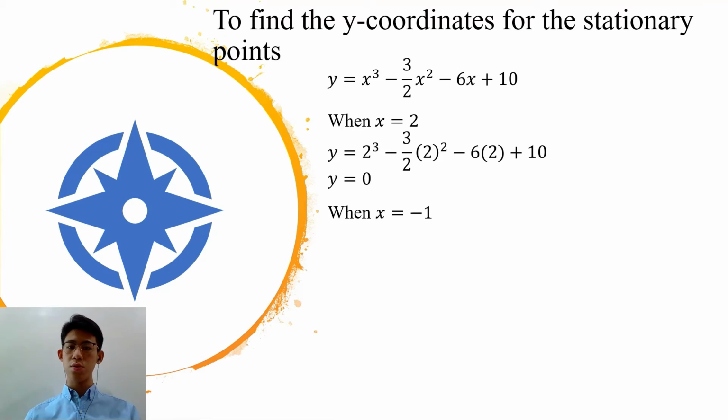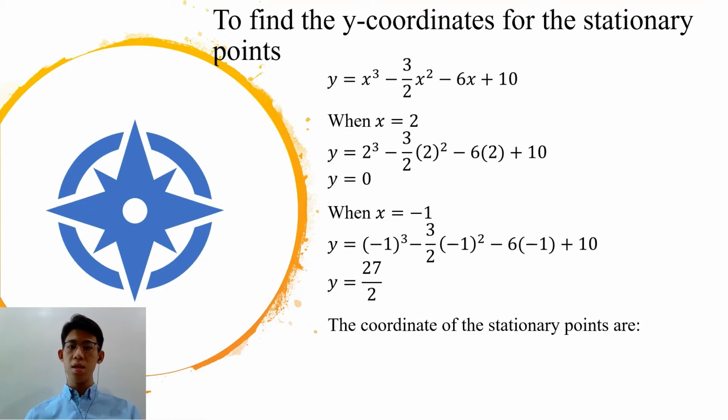And when x equals -1, we will get y equals 27/2, or equivalently 13.5. The coordinates for the stationary points are (2, 0) and (-1, 27/2).